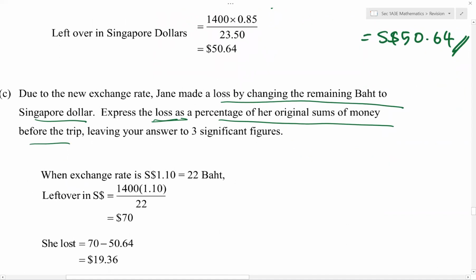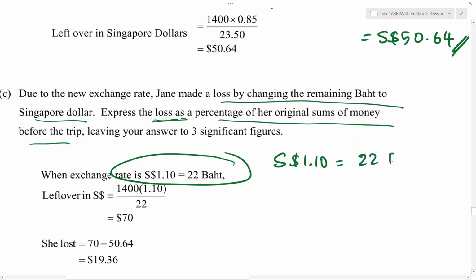How much did she lose? Now, the original exchange rate was $1.10 equals 22 baht.